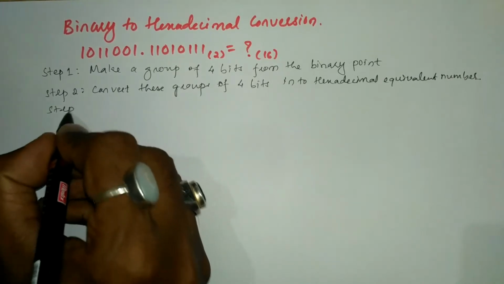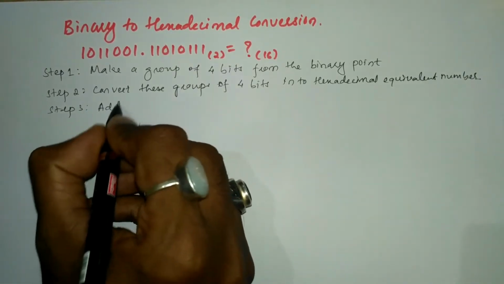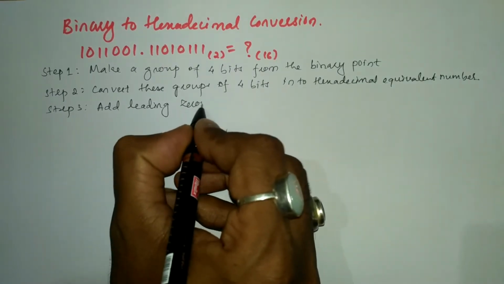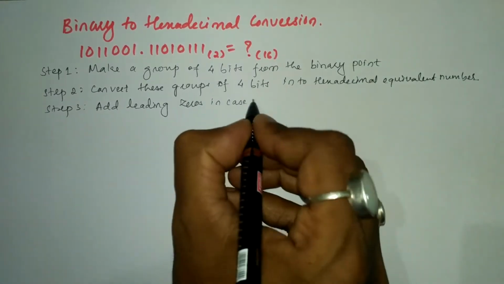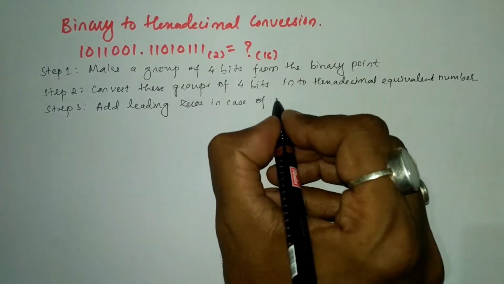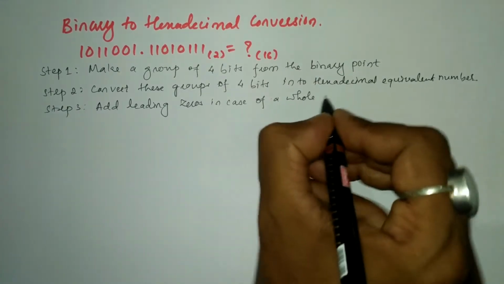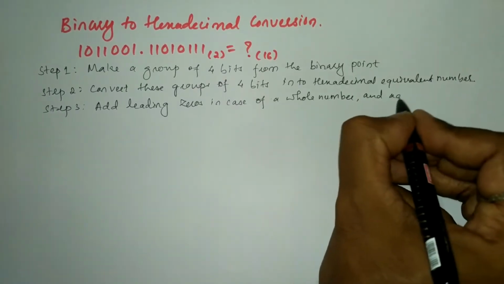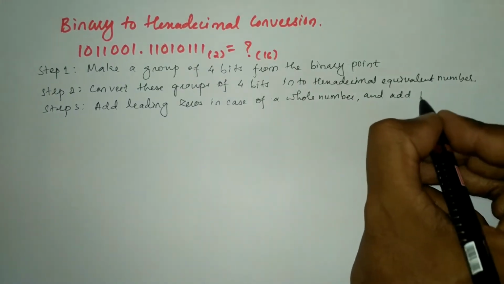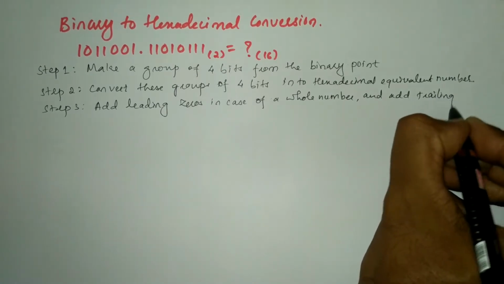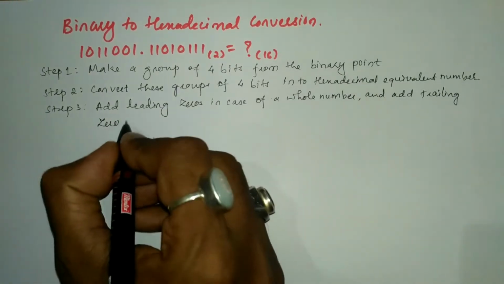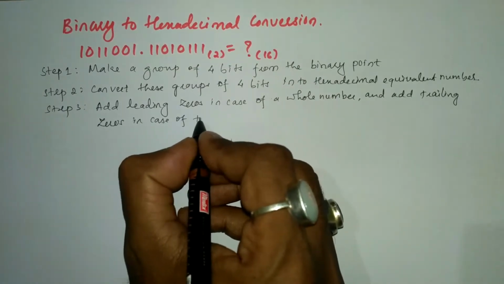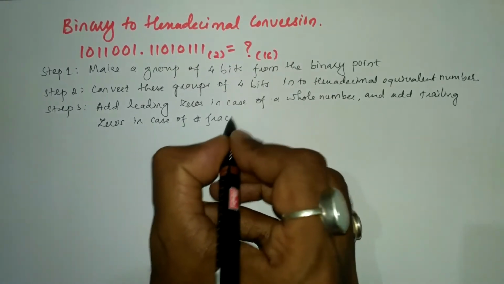Step 3: add leading zeros in case of a whole number and add trailing zeros in case of a fractional number.